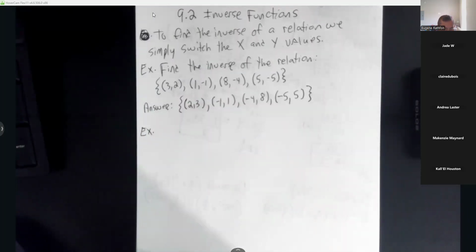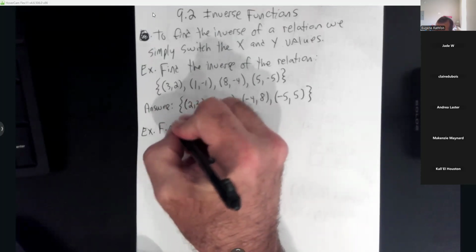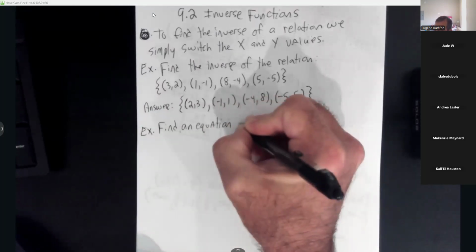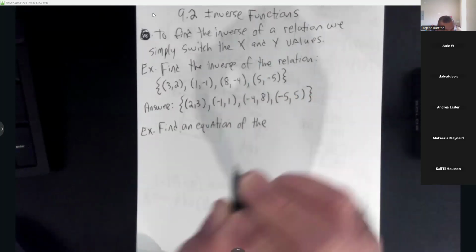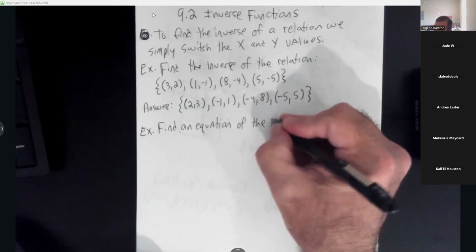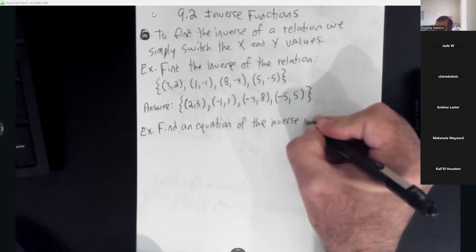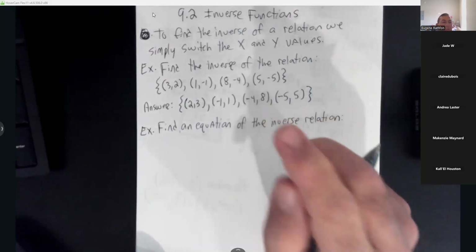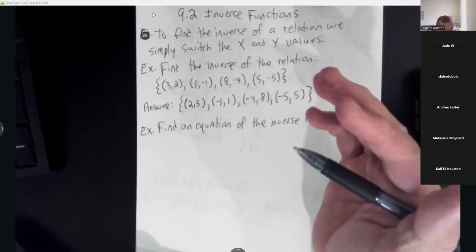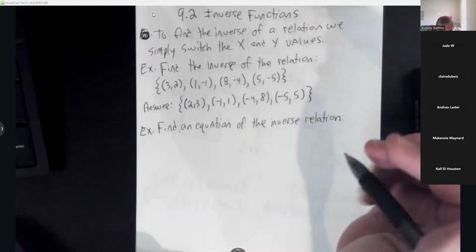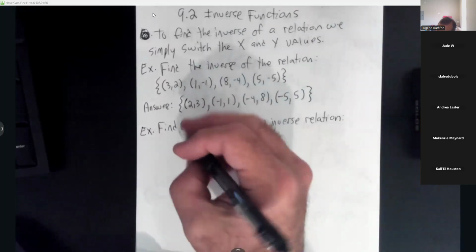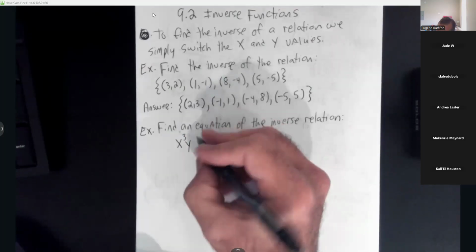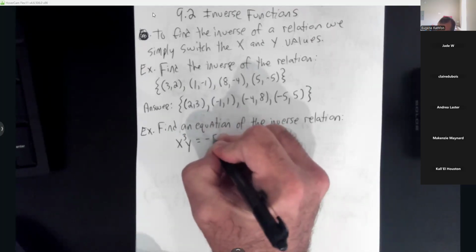All right, so watch this next one. Find an equation of the inverse relation. Same thing, they're just giving me an equation now instead of an actual set of ordered pairs. So this one, they got x cubed y equals -5.